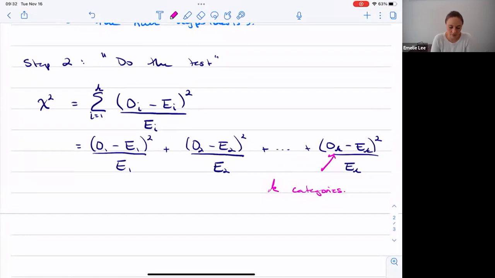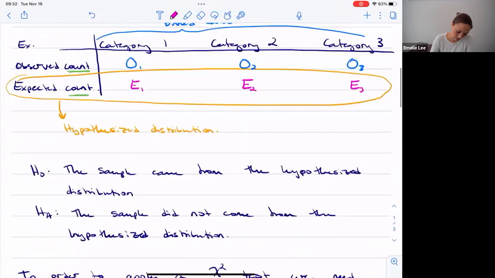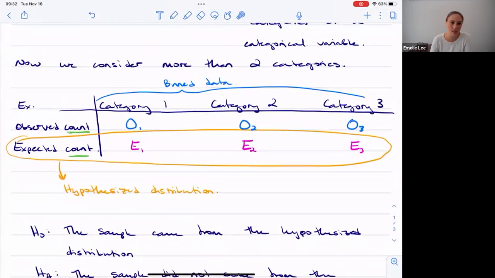If I scroll back up to this here, what would we do? Well, we would have some observed count in group 1, group 2, group 3, so k would be 3 in this case. We would take the observed minus the expected, square it, divide by the expected, plus the observed minus the expected, square it, divide by the expected.